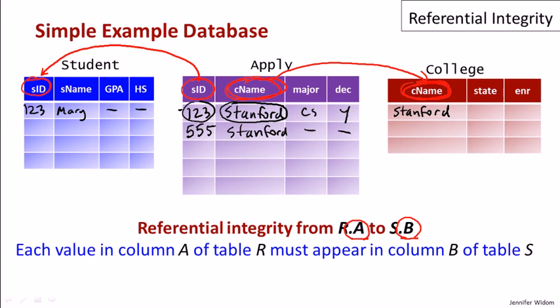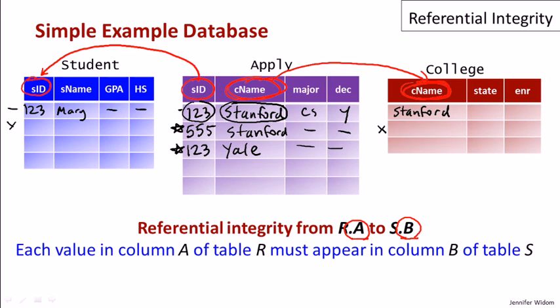If we have no 555 over in the student table, then this here would be considered a referential integrity violation. Similarly, we might have 123, which is valid because we have a 123 student here, but if 123 is applying to Yale and we don't have Yale over here, then again we have a referential integrity violation.